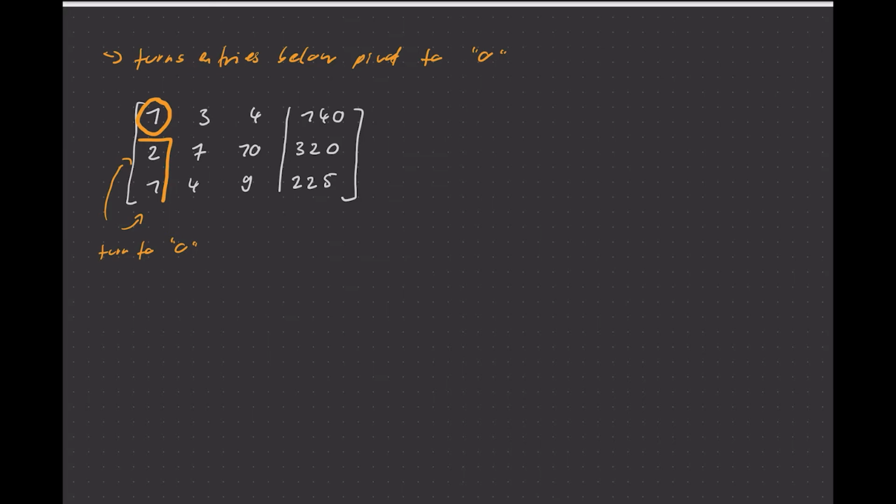So if we want to turn this entry here into 0, adding some multiple of that first row here. Well, what do we have to do? Here's a +1, here's a +2. So we need to multiply that first row by -2 and then add it to the second row.